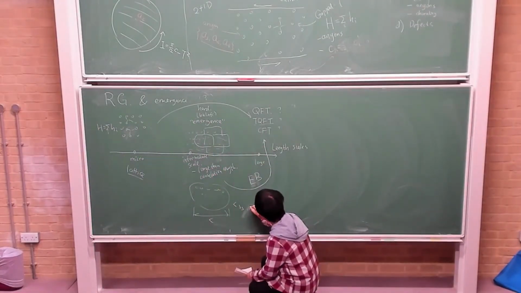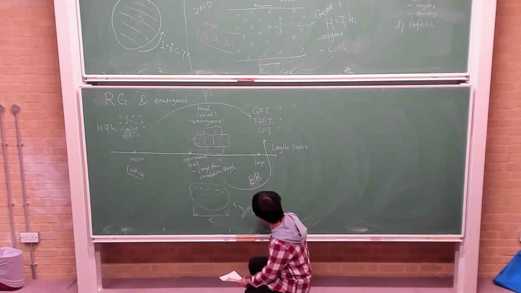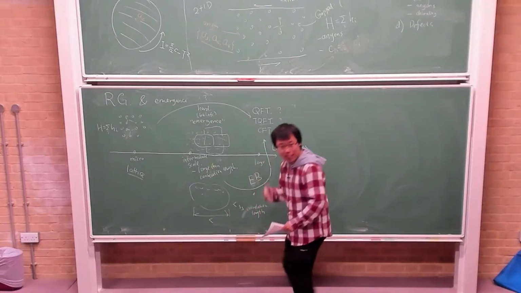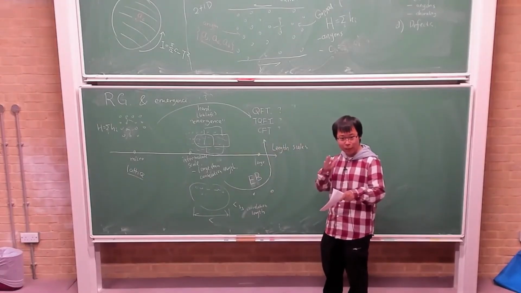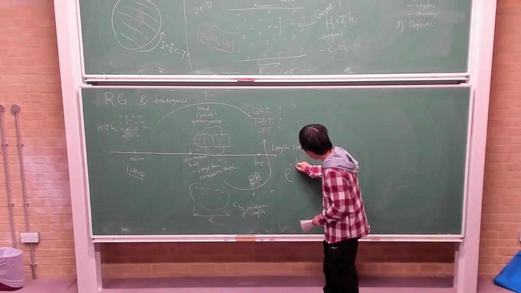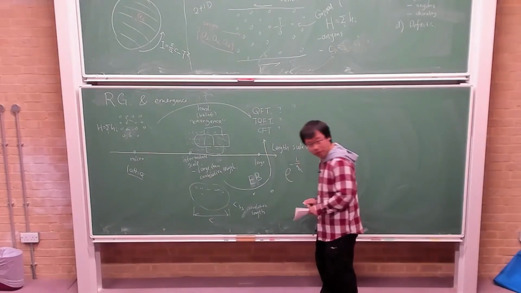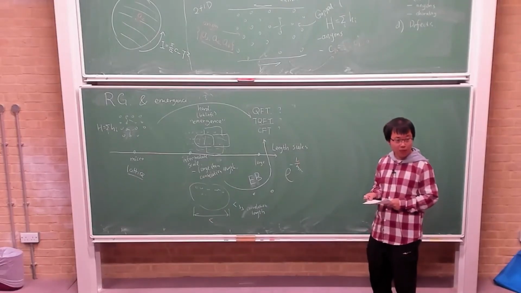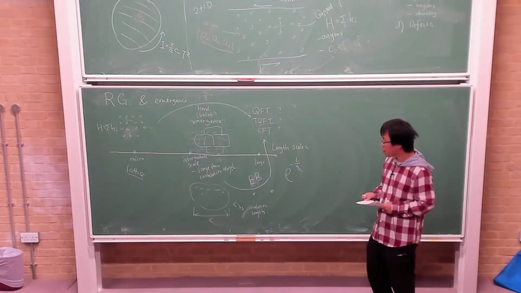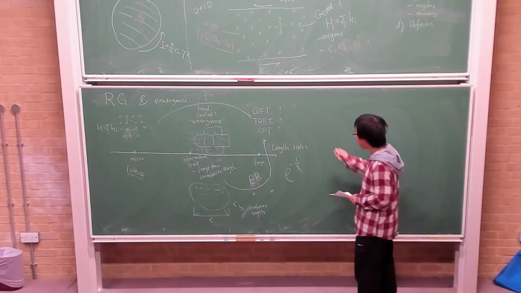Correlation length is the length scale that, if you compute the two-point correlation function, the correlation function decays exponentially. So if you look at the exponent, it's like some distance divided by some number. This is the correlation length. Yeah, that's right.